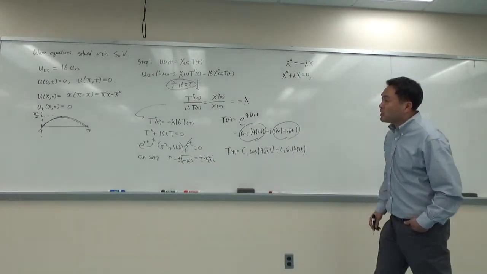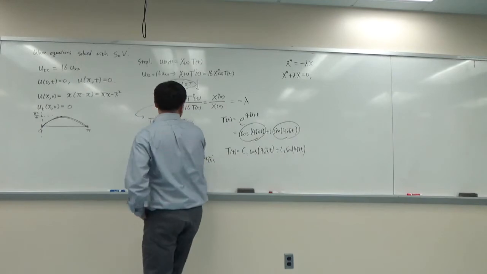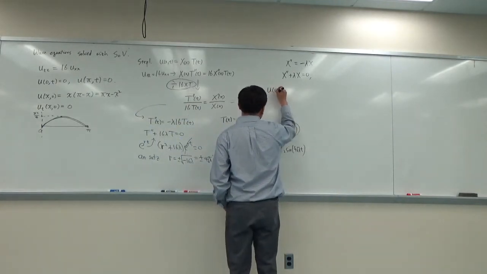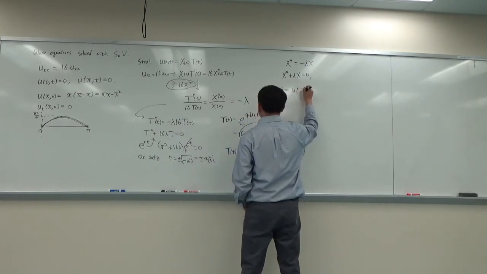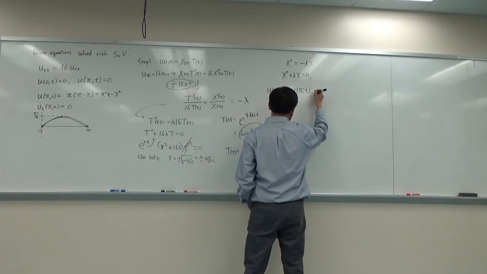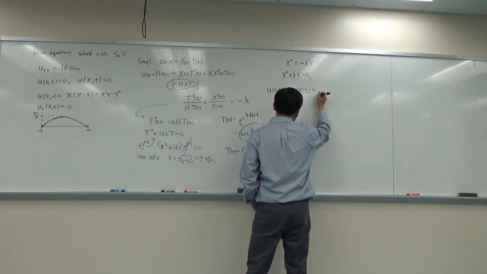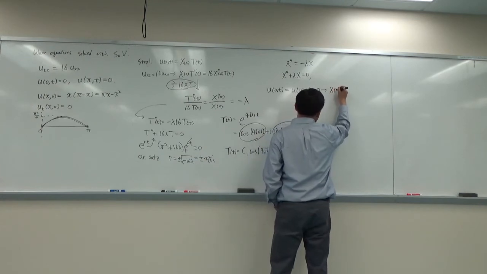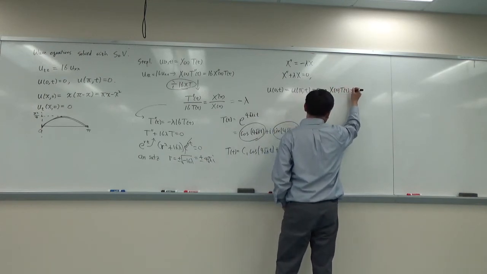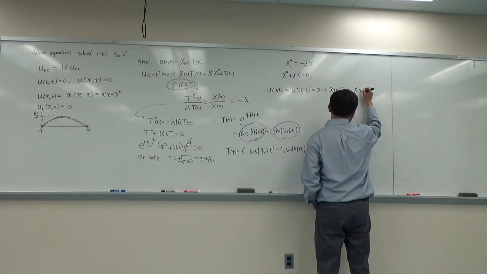And on top of that, the conditions u(0,t) equals u(pi,t) equals 0 mean that X(0)T(t) and X(pi)T(t) should equal 0.